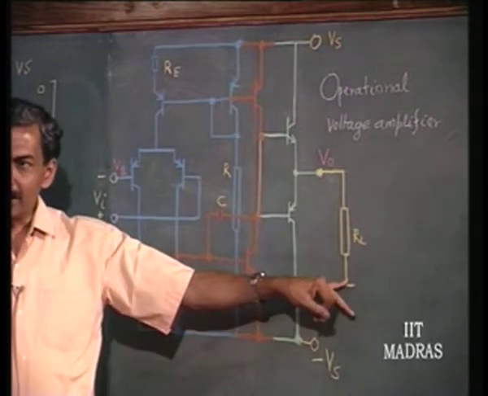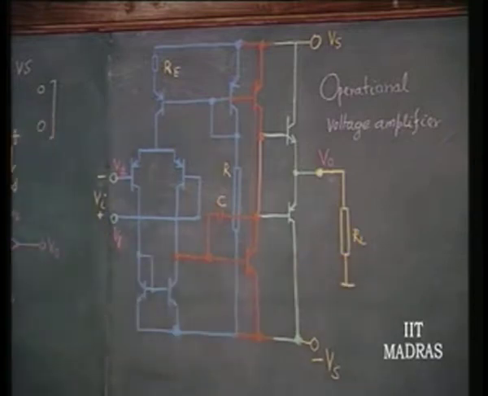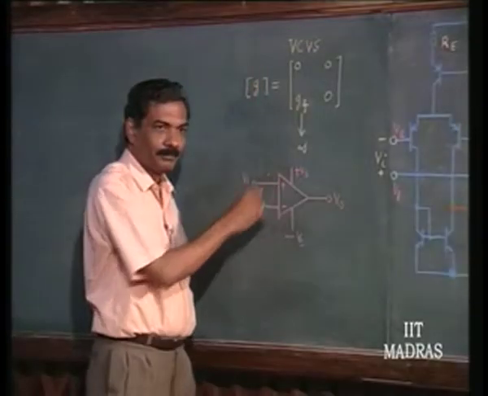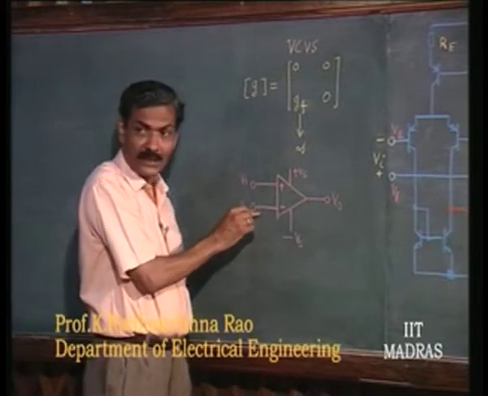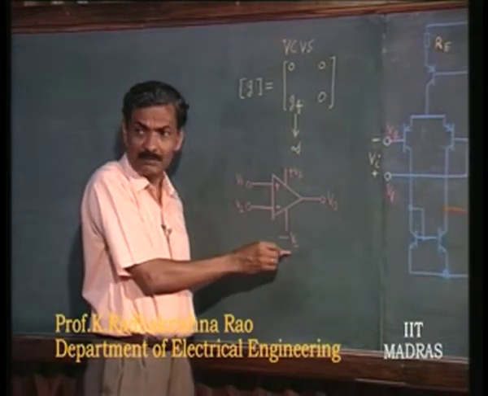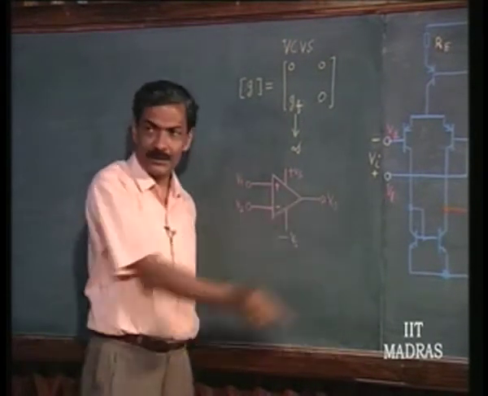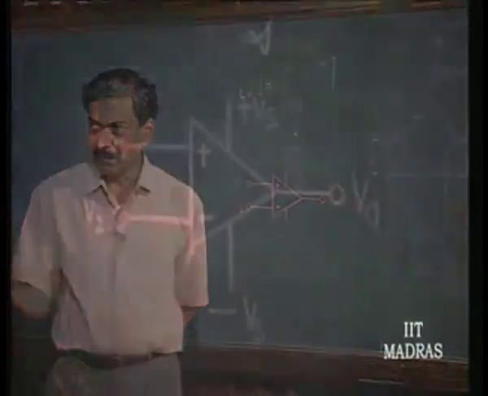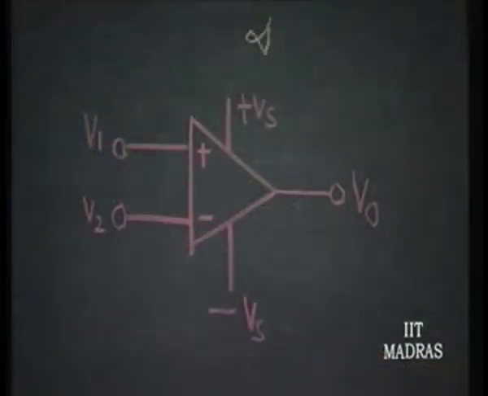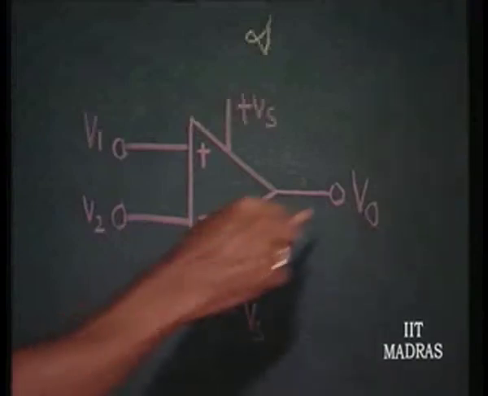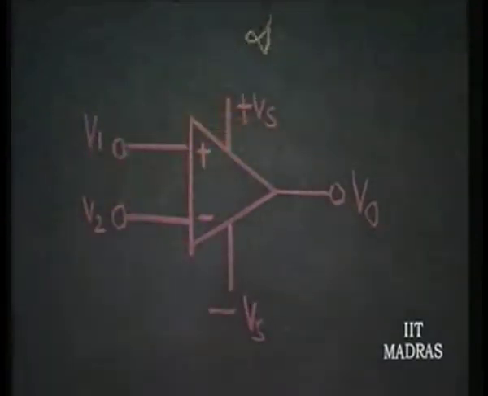Load resistance can be connected externally. Now, the symbol for this op amp could be differential input, the dual power supplies and the output, all of this with reference to a common ground. Okay. So, output is available with reference to a common ground.